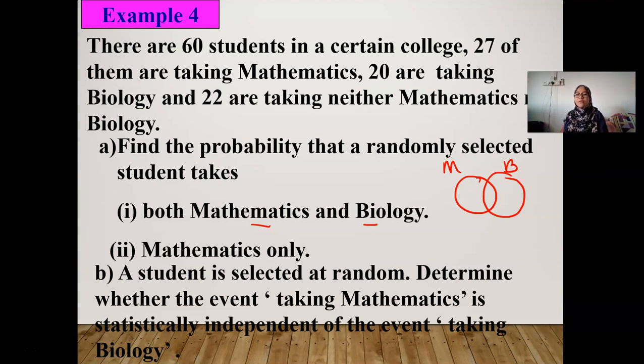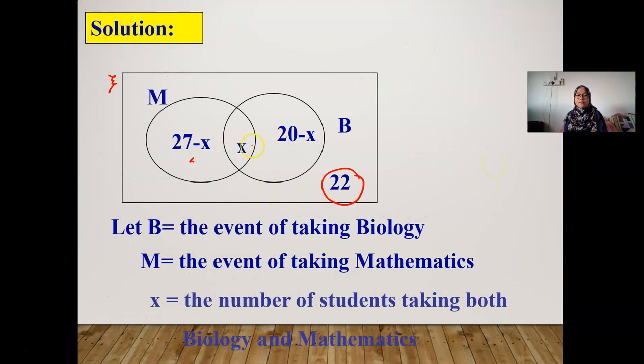But we don't have the information, so we will let the number be X. X is the number of students taking both, and then mathematics is 27 minus X for this part, and biology 20 minus X is the students taking biology only and not maths, because we already minus X. So 22 is outside.